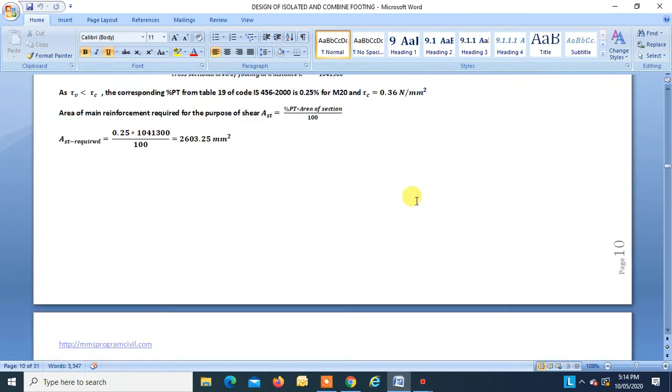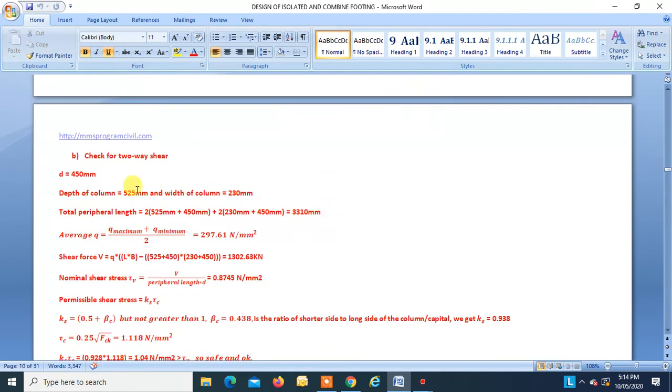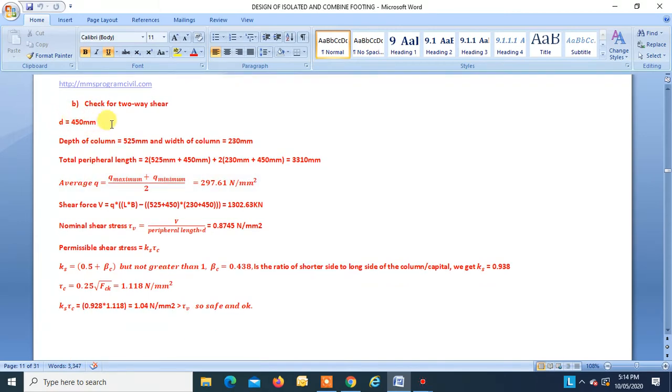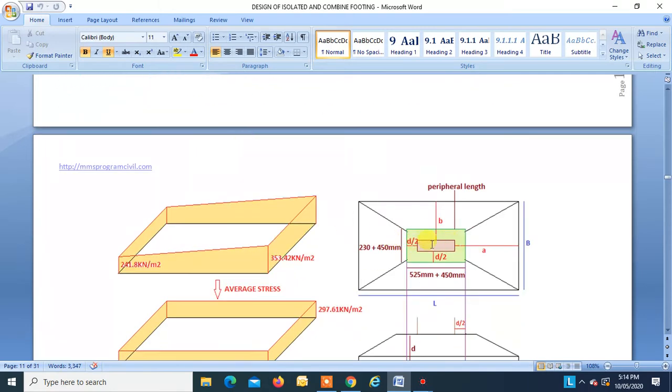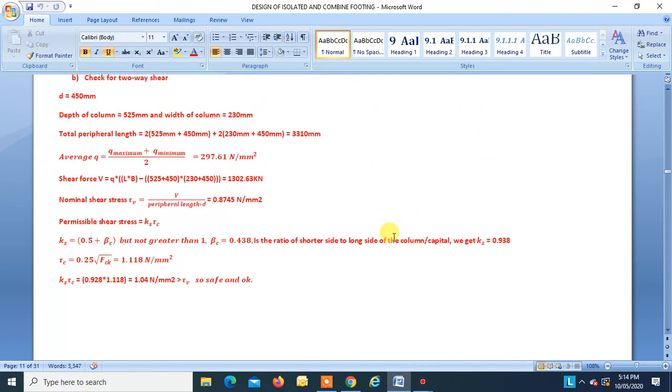Now we will go for the check for two way. Now D is equal to 450 mm. Depth of the column is 525 mm and width of the column is 230 mm. First step is we have to find the peripheral length.